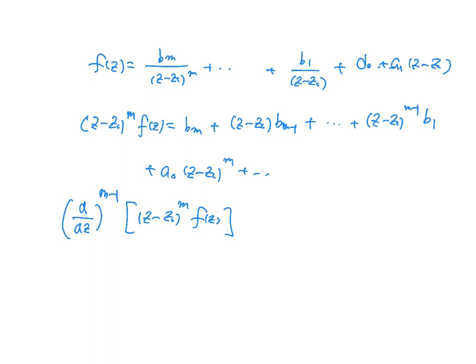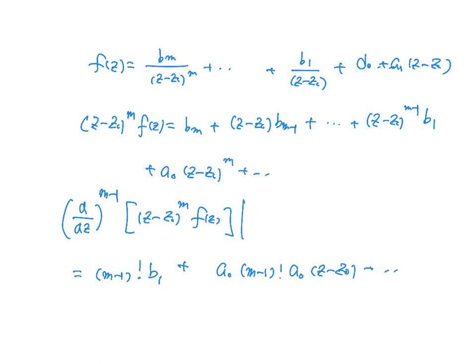This is the first term which is not 0. So this is (m minus 1) factorial B1, right? Plus other terms: (m minus 1) factorial A0 (z minus z0) plus blah blah blah.